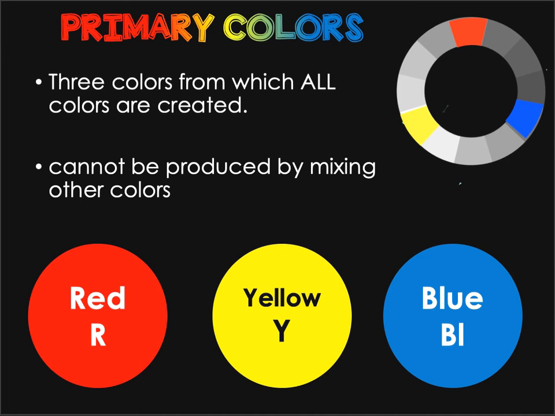All right, so let's talk about our color wheel for a minute. Primary colors. These are 3 colors from which all colors are created. Now, before we really get into depth here, I want to just mention that what we're about to go over is color theory. Color theory is the theory, right?